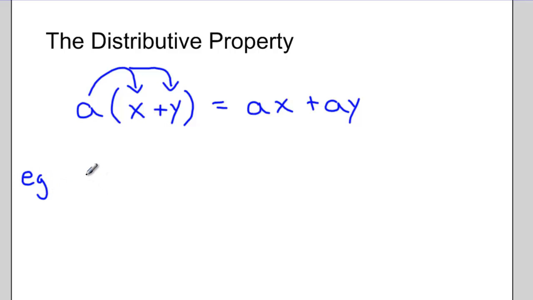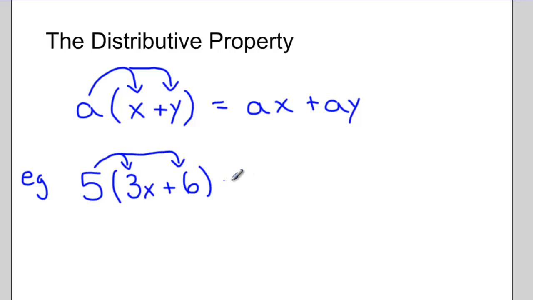A numeric example, let's say I have 5 times (3x plus 6). I would distribute that number 5 into the brackets, and I would have 5 times 3x plus 5 times 6.